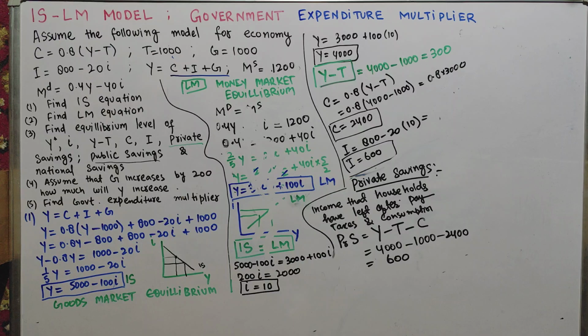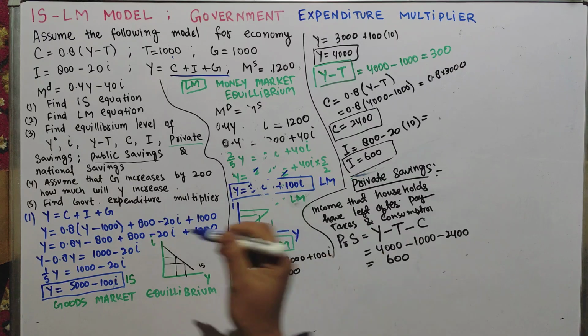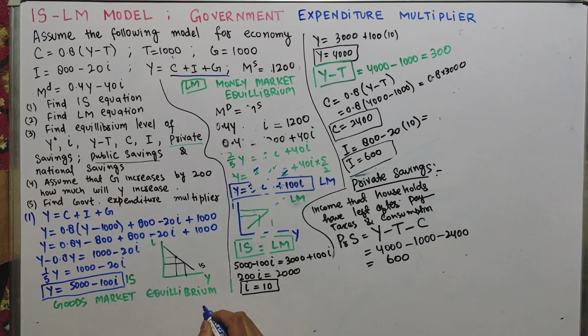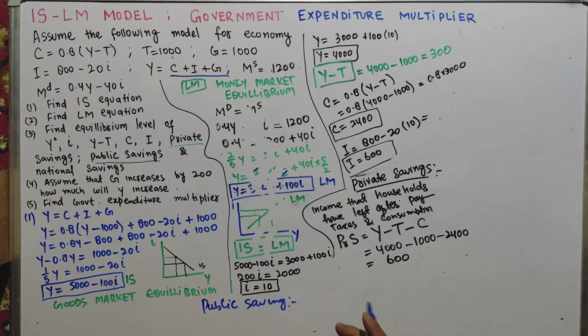Next we need to find out the public savings. What are the public savings? Public savings are simply the amount of tax revenue the government has left after spending.